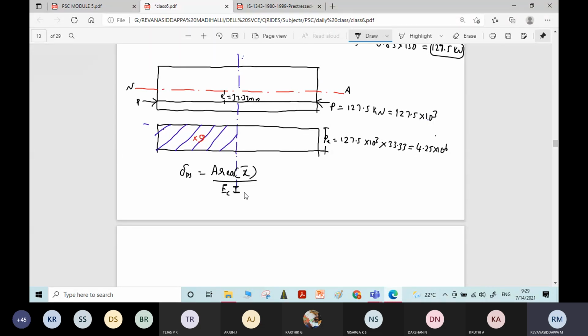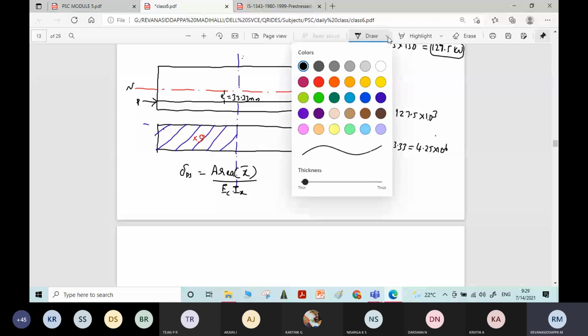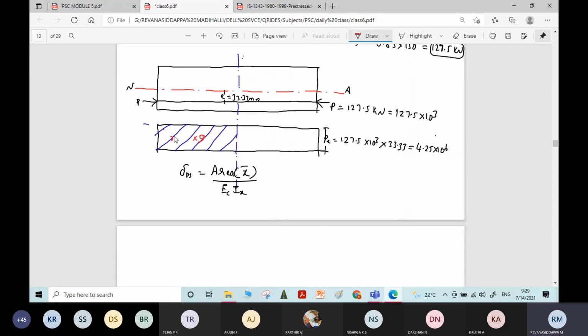Okay. X bar is the distance of centroid from the first support, the left support, or we can also consider the right portion.